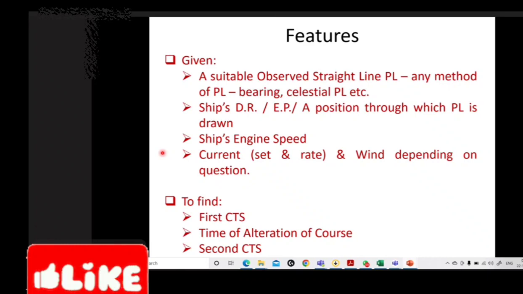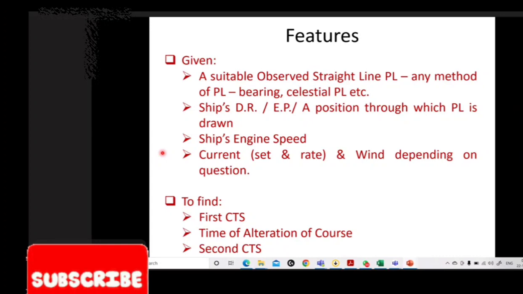Now you don't have GPS, and you are fortunate that this PL is suitable for this method. Then instead of trying to hold the ship in that position, you can decide on the safe courses to steer, and use that time.